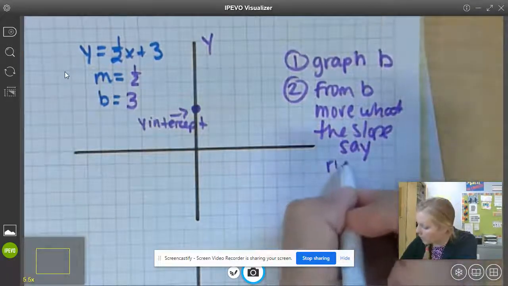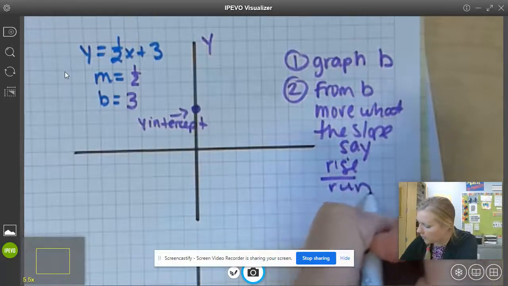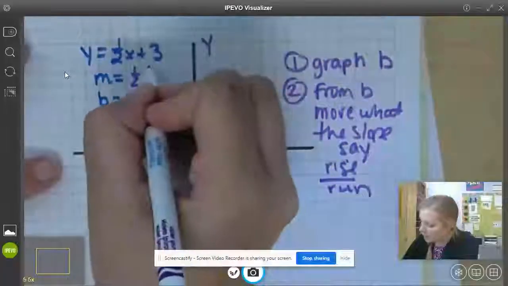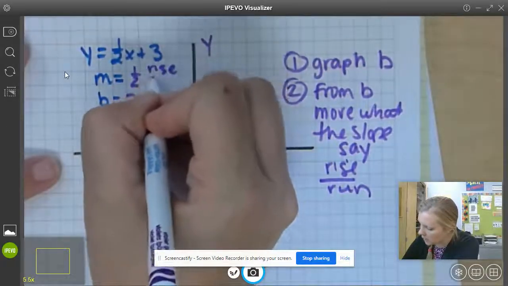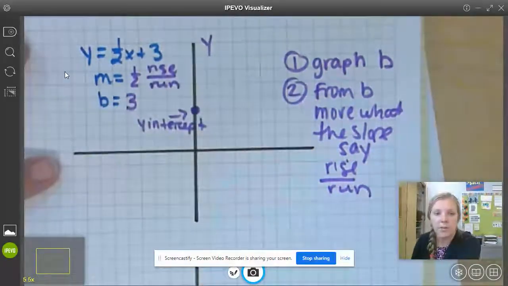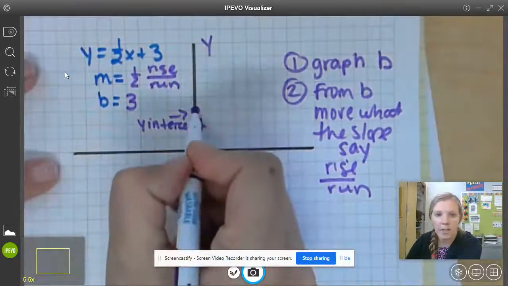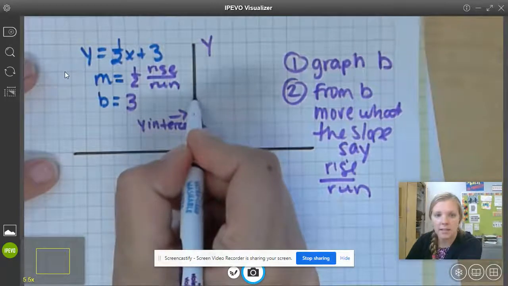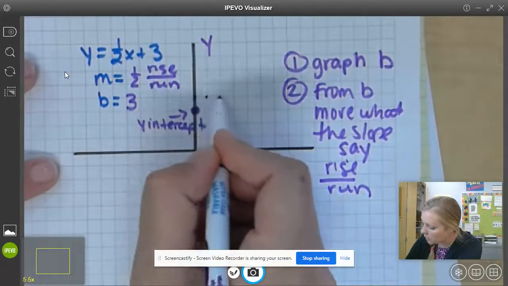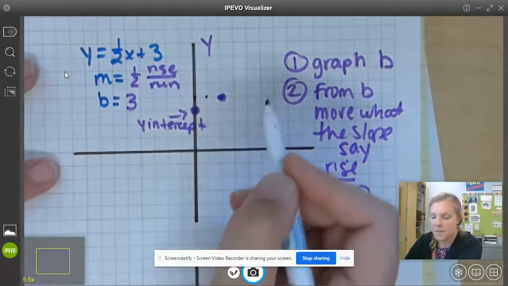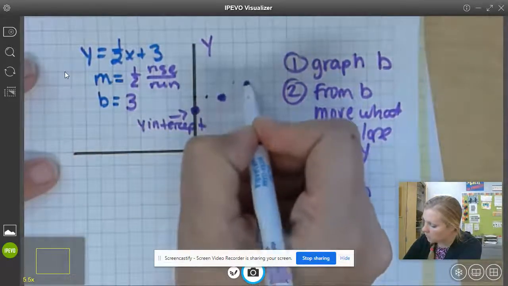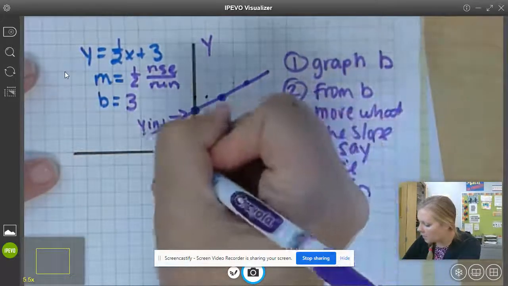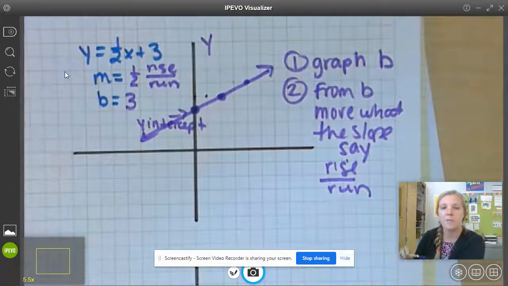Like you're going to do the rise over the run. So for this problem, it says rise 1, run 2. So from this point, I'm going to rise 1 line, I'm going to run 2, and I'm going to put a dot. I can do it again, rise 1, run 2, and then I connect those dots, and I have graphed my first line.